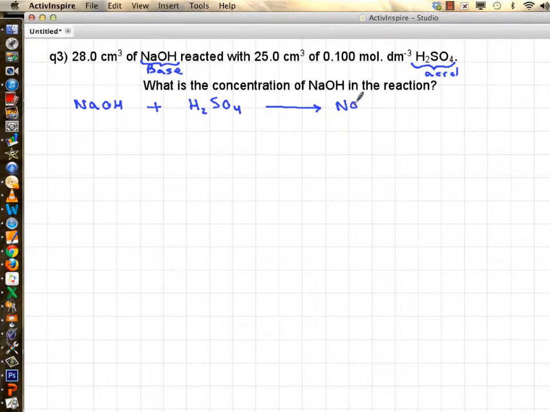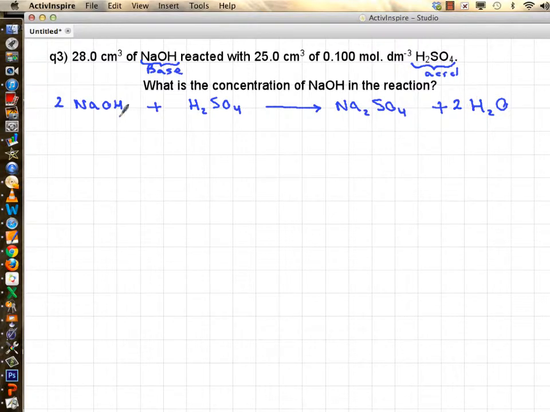So you have Na2SO4, sodium sulfate. You always also produce H2O when acids are added to bases. Now, in order to balance, I have 2 sodium, so I just put 2 NaOH. And on the other side, you have 4 hydrogens and 2 oxygens extra, so it's 2 H2O.